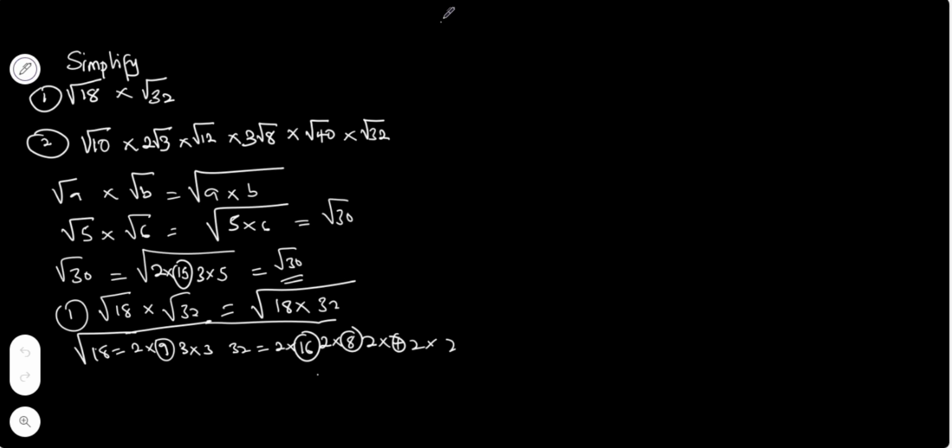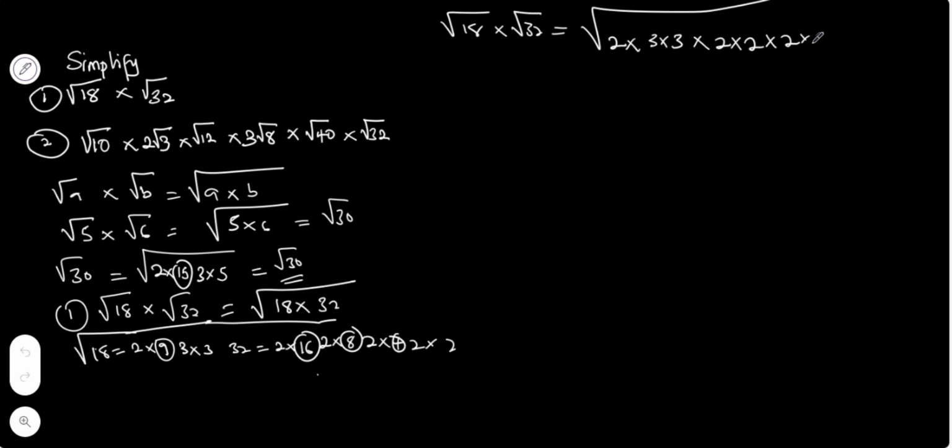So we say root 18 times root 32 will equal the square root of 2 times 3 times 3 times, for 32, 2 times 2 times 2 times 2 times 2. 1, 2, 3, 4, 5. Yes. So now, remember, to do this multiplication, once you have solved, every pair is a root of a number.